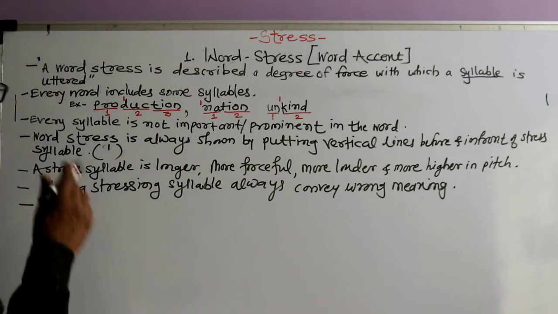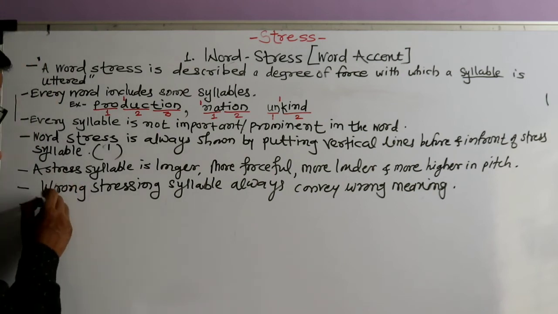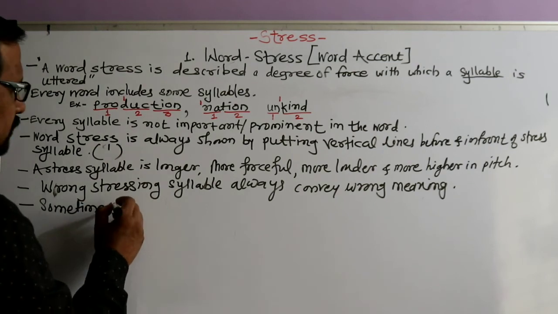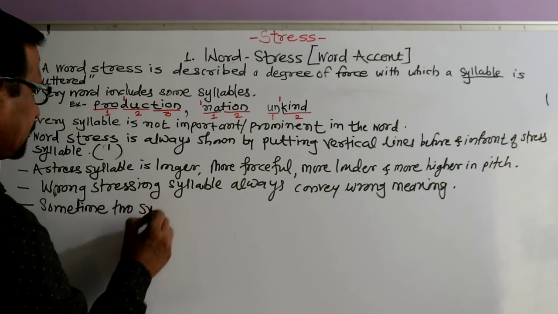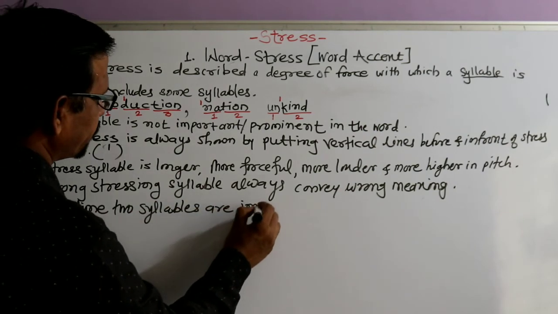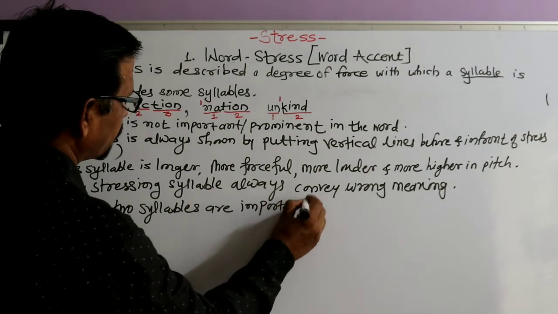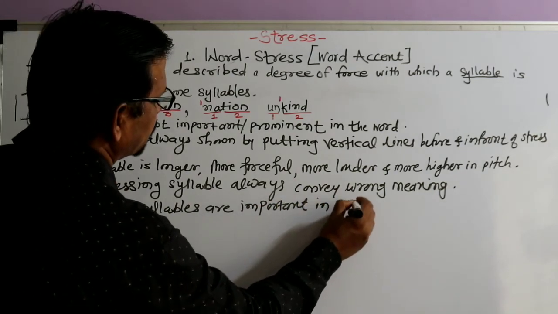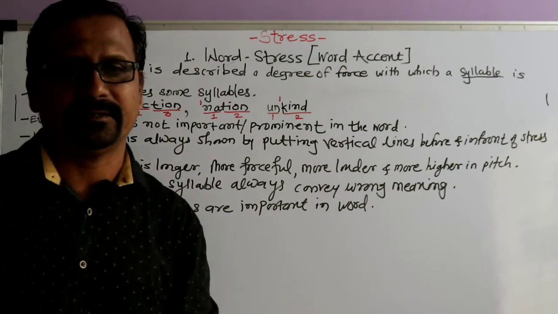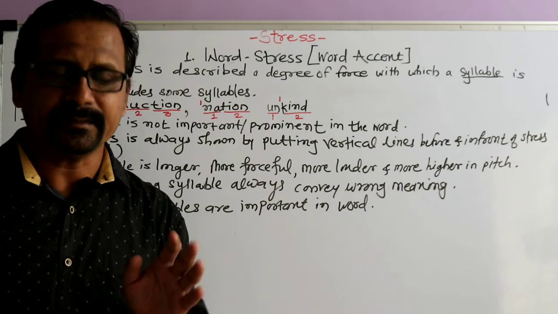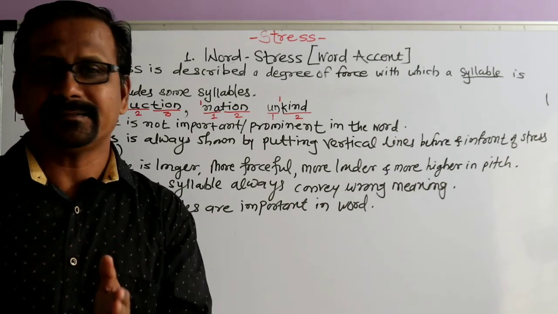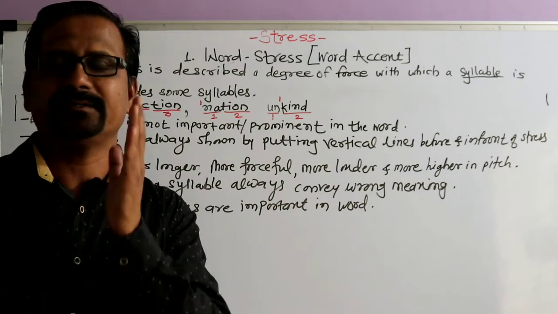Sometimes two syllables in a word are very important, and so it has a primary traced syllable and the other is called the secondary traced syllable.